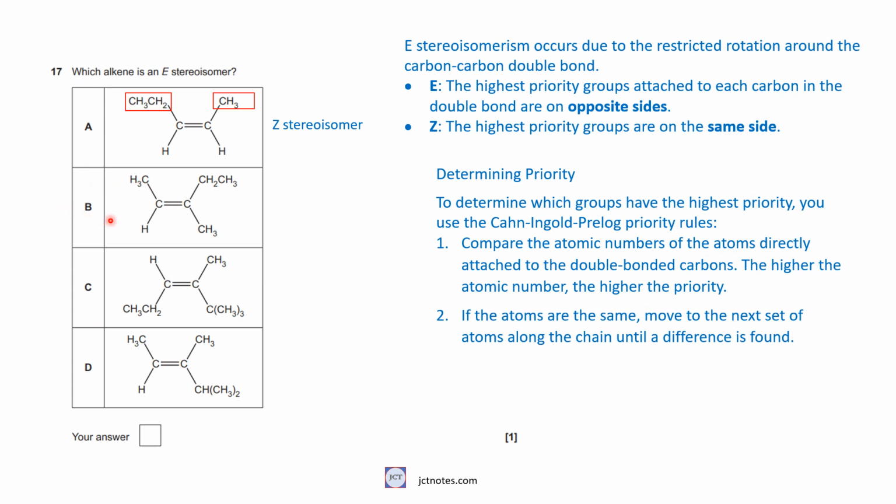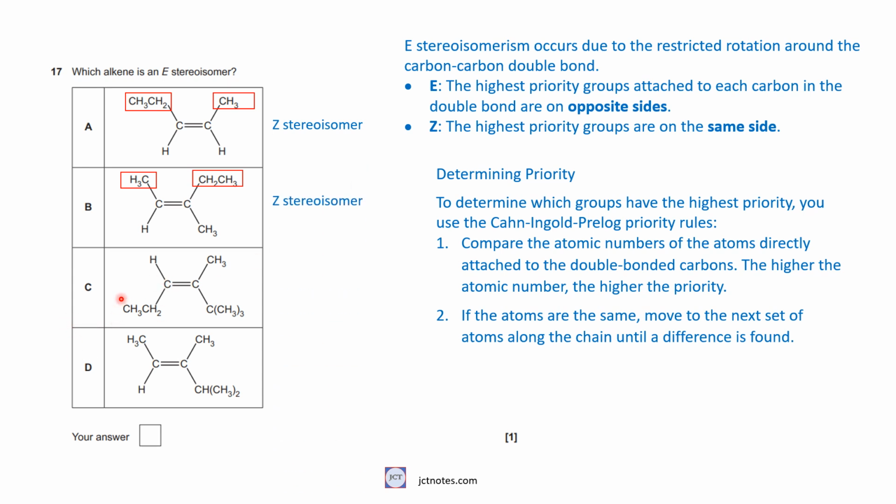On the left-hand side of alkene B, we have the same situation as on the right-hand side of alkene A. On the right-hand side, we have that the carbon is attached to two carbons. So, we move to the next set of atoms. On the top, we have two hydrogens and one carbon. On the bottom, we have three hydrogens. The top has higher priority. Alkene B is also a Z stereoisomer.